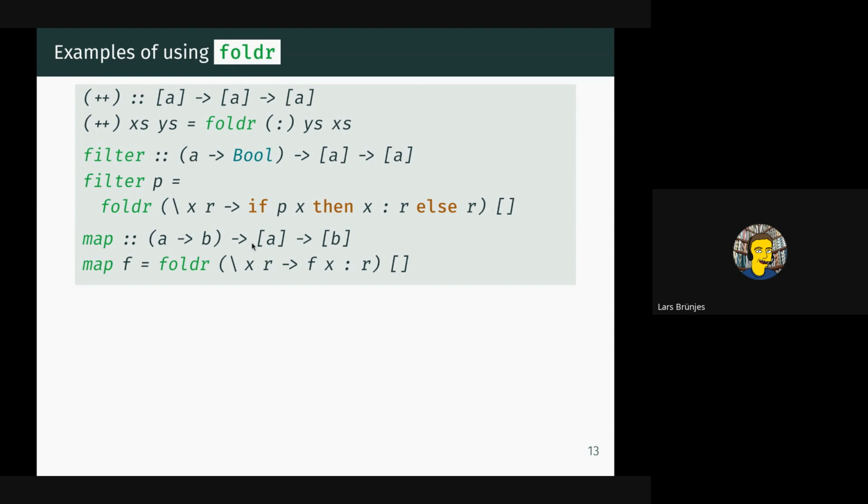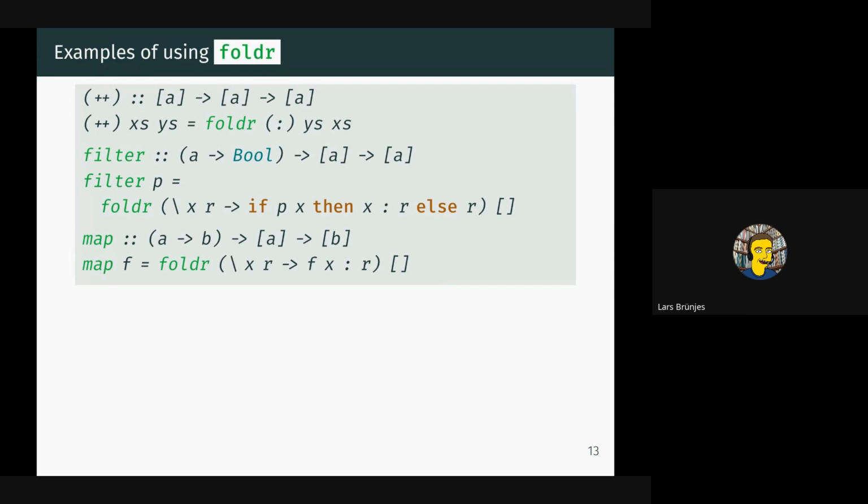And finally, our map function. If we map over the empty list, we just get the empty list. And if we have a non-empty list with a head x and the mapped tail is r, then you just get the function applied to the head, consed onto the mapped tail. So we could write map like this as well, as a foldr.